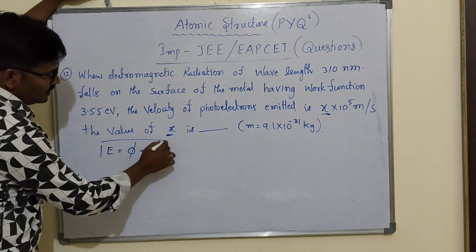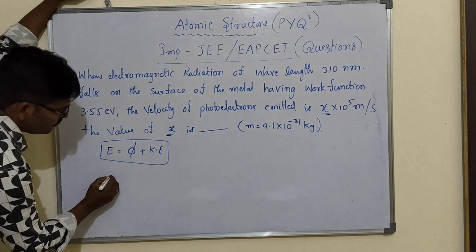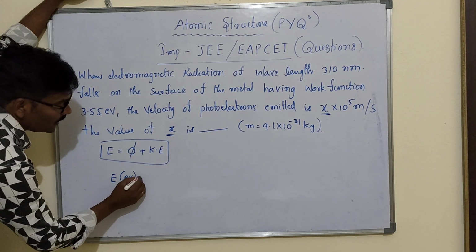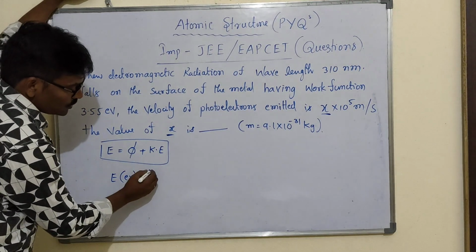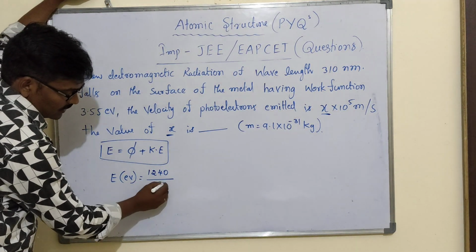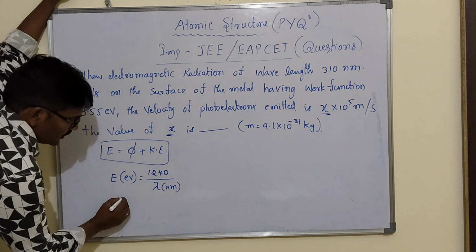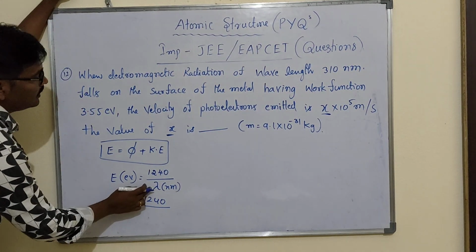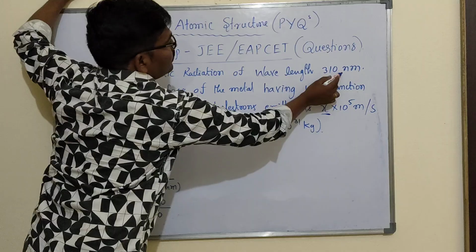Before going to this formula, first you have to find the energy of light. To find the energy of light, when energy is in electron volts and wavelength is in nanometers, use 1240 divided by the wavelength in nanometers. Using this formula is a simple shortcut. So to find the energy, 1240 divided by 310, the wavelength in nanometers.